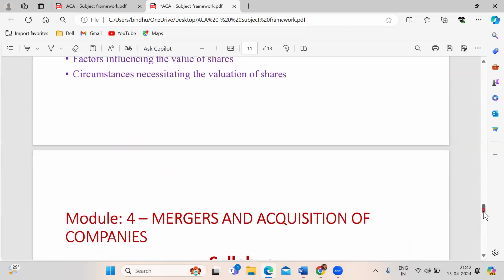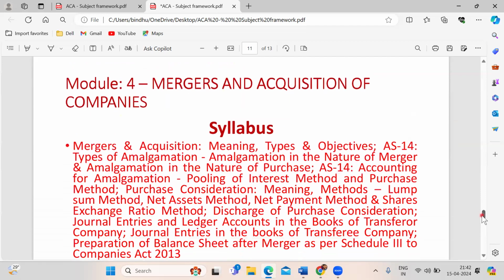Then we have the next one, mergers and acquisition. It is the lengthiest chapter, where you are going to learn the concepts based on merger and also acquisition. Here you are going to learn all the information on amalgamation, nature of amalgamation, purchase accounting under pooling of interest method and purchase method.